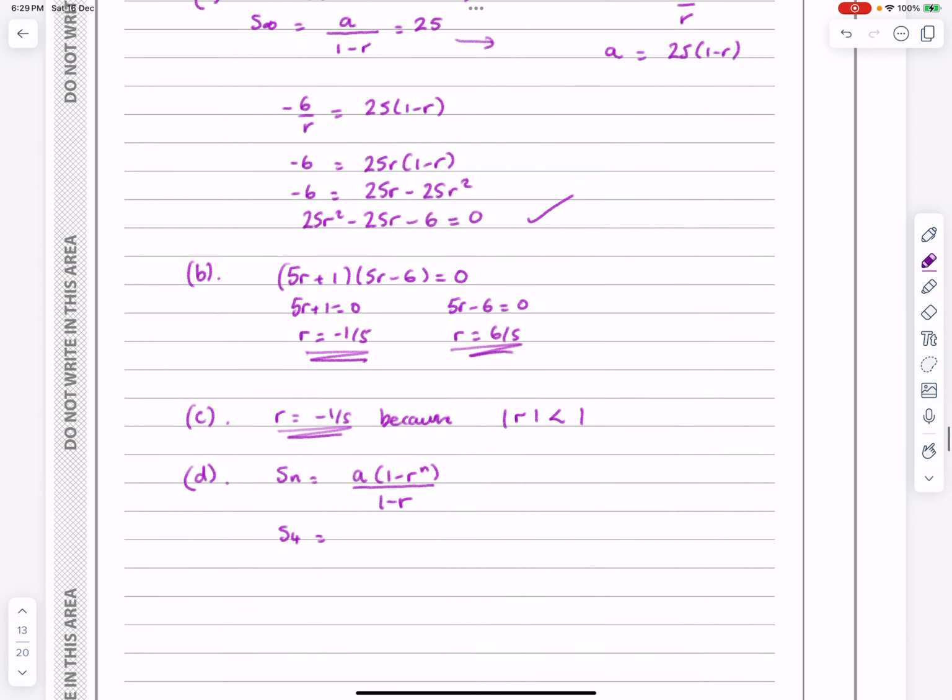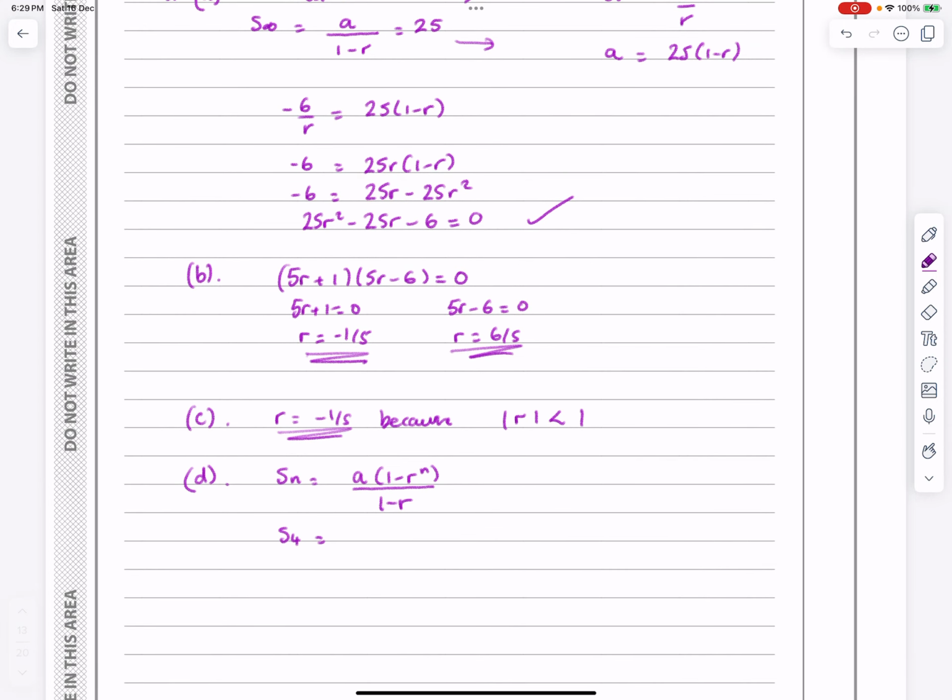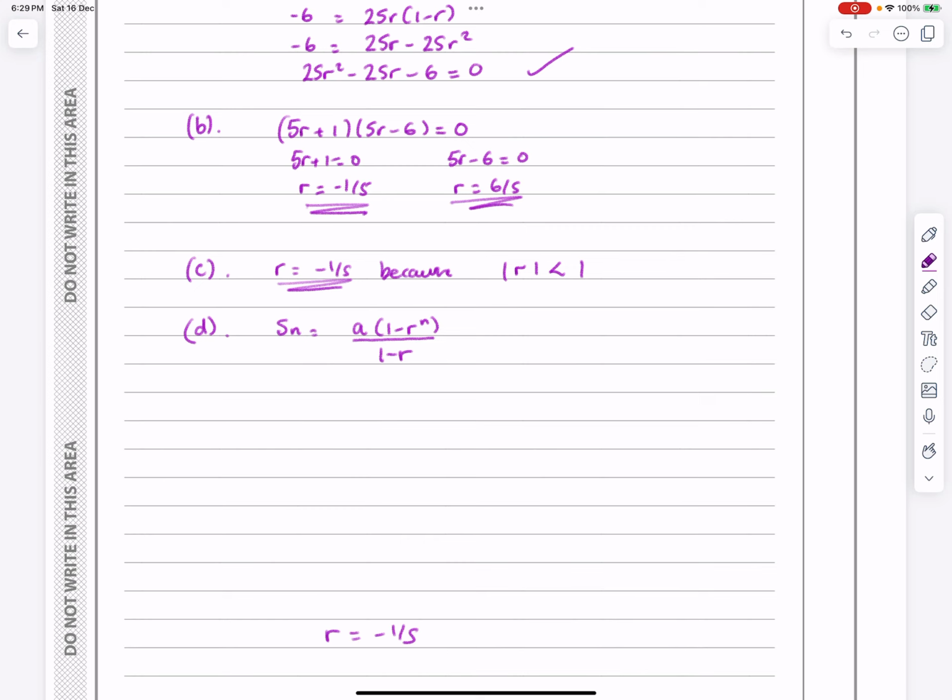I haven't worked out what a is yet, so I'll do that now. If ar equals minus 6 and r is minus a fifth, then a times minus a fifth equals minus 6, which means that a works out to be equal to 30.